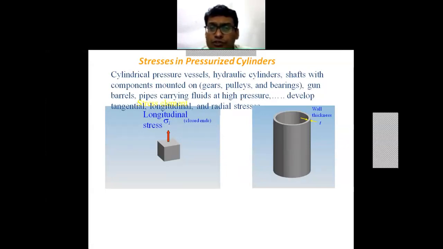One is the longitudinal stresses F1 or sigma L, then the tangential stresses or the hoop stresses or circumferential stresses, that is sigma theta, and third is sigma r or Fr, that is the radial stresses.